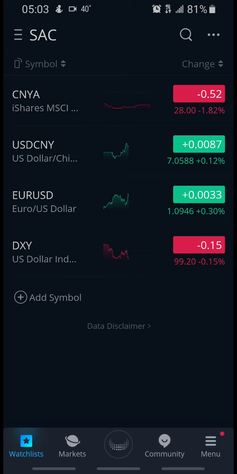And as we can see, Euro USD and USD CNY, we're watching it gain against the dollar, as the dollar is, which I'm in the adverse dollar derivative ETF type deal.